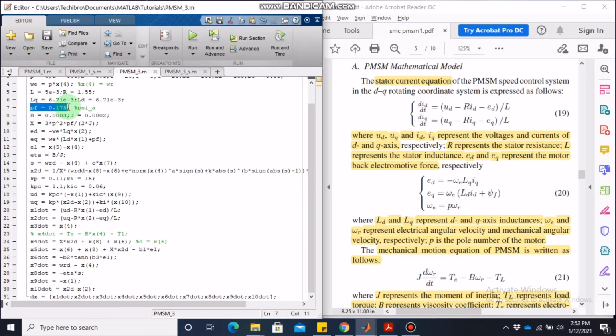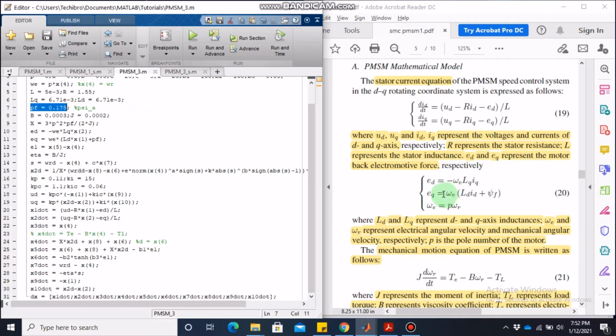The value of psi f is not given in the paper, but there is a value of psi a. So I have used the value of psi a for psi f, which is definitely not the correct way, but for the sake of demonstration, it serves the purpose.